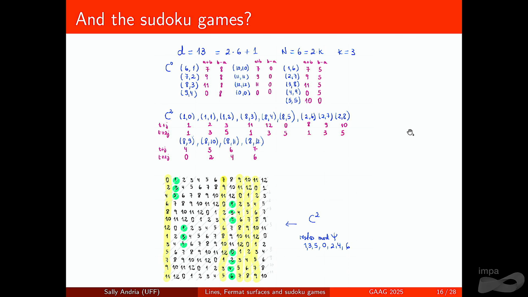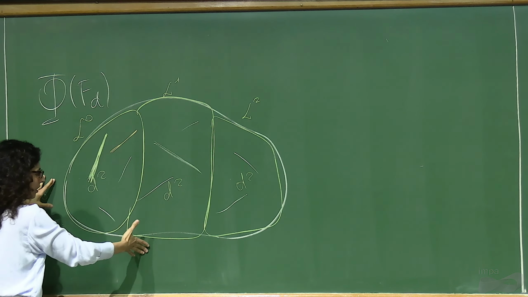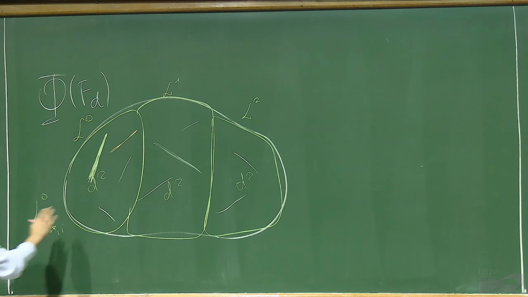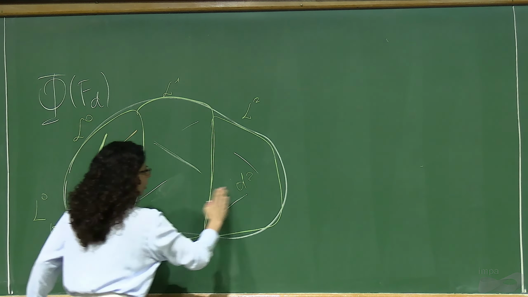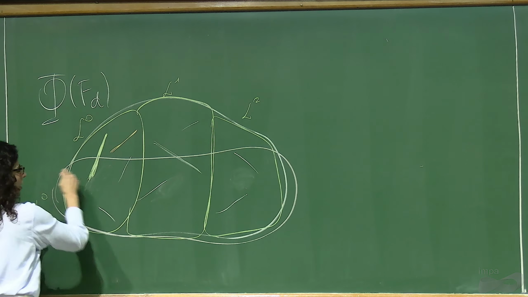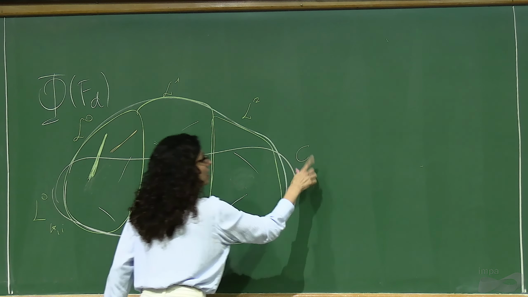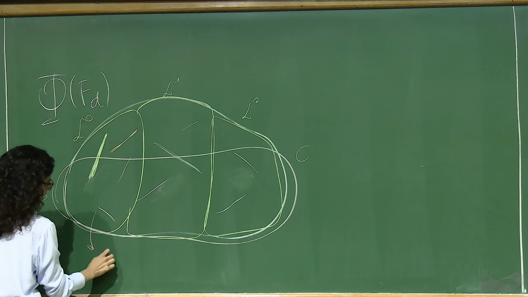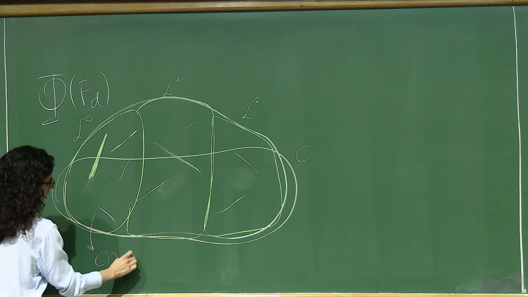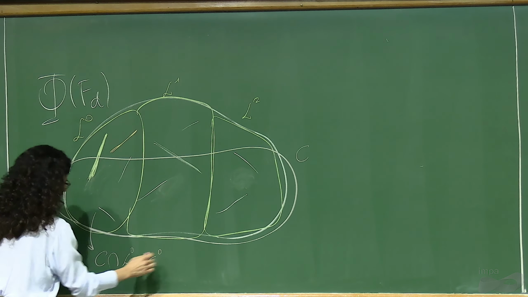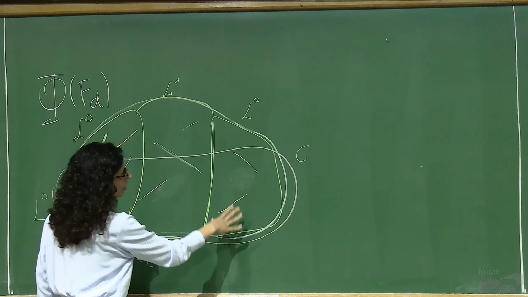So what we did, we have the set of the lines, we have the stratification, and we look at subsets C of skew lines in FD. And we consider the intersection of C and these subsets of the stratification that we define, C0, C1, C2.